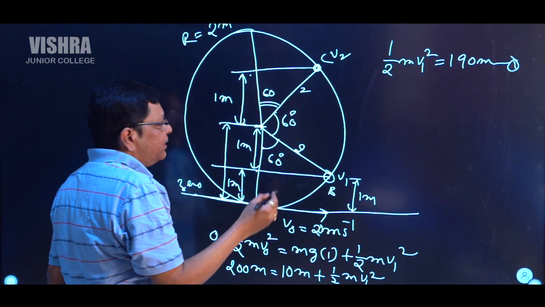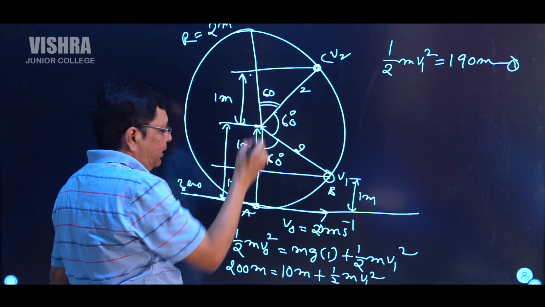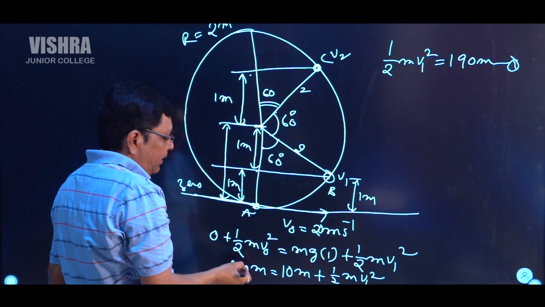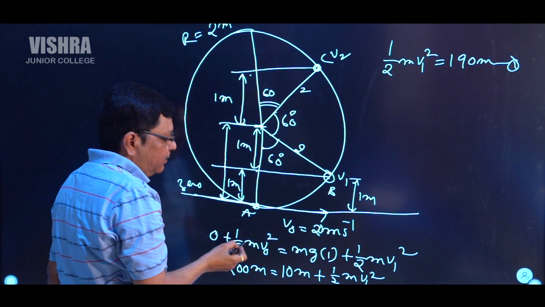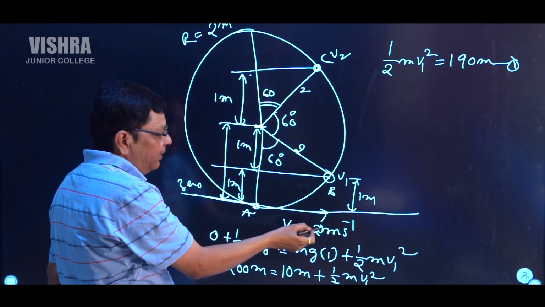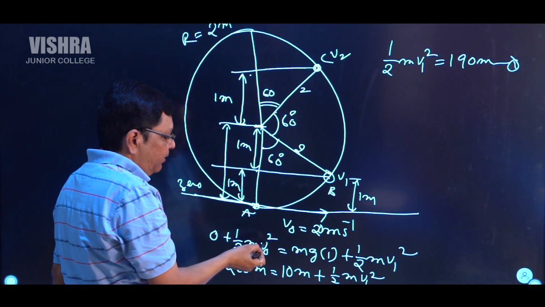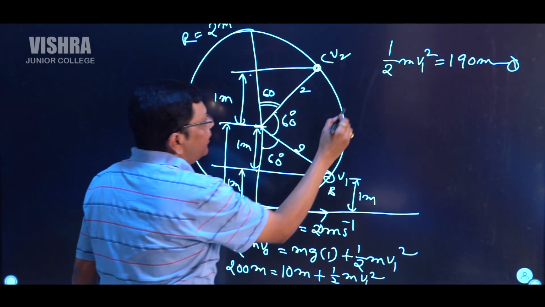So at 3 meters height, if I consider the total energy between A and C, at A the total energy, as we discussed, is half m v naught square. V naught is 20, 20 square is 400 by 2, 200m.